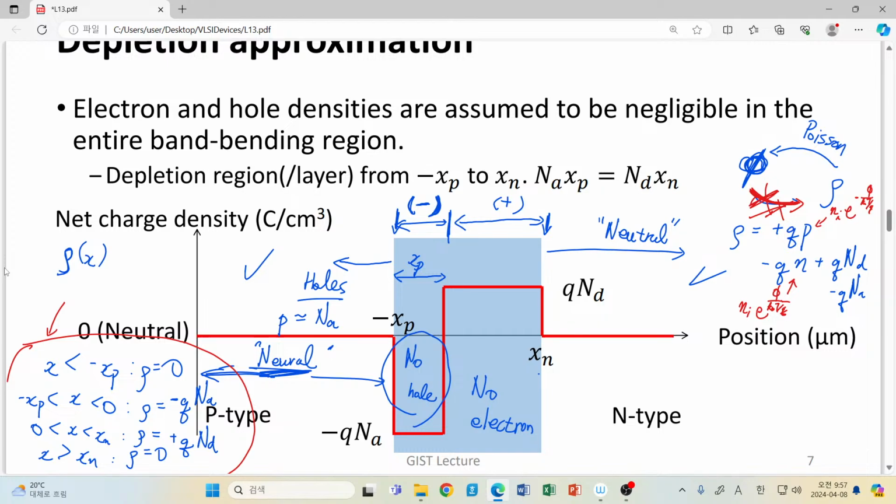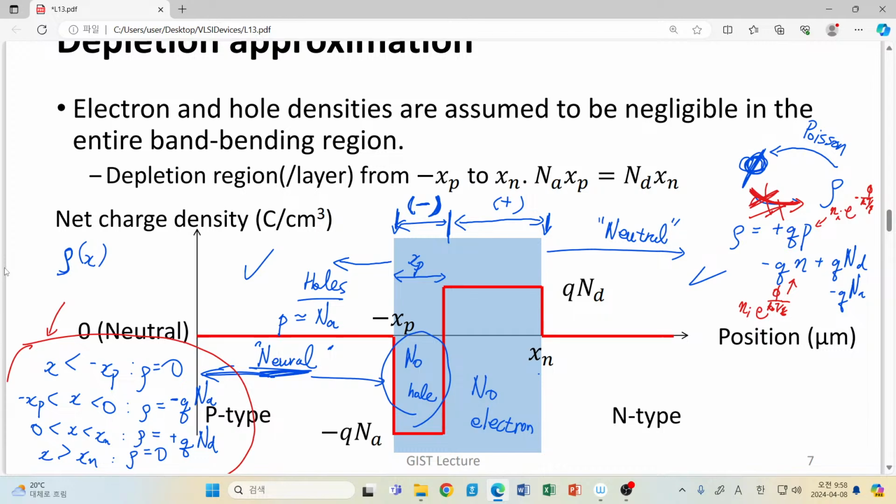It is our choice to take any kind of approximation. However, whether that is valid or not is obtained from the result of that approximation. When you make a certain approximation and it gives you a result quite close to the numerical simulation result, then your approximation was good.